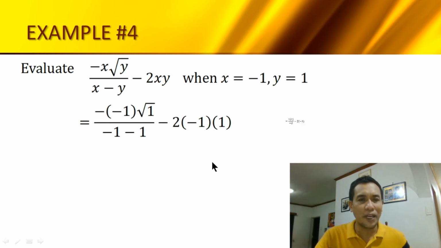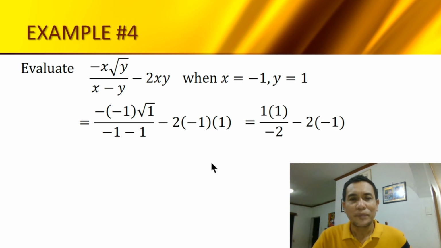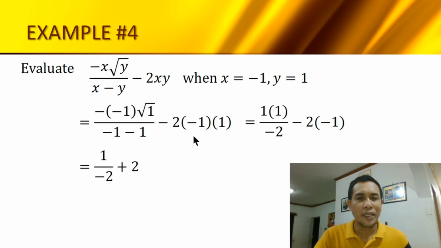And then simplify, we have negative 1 times negative 1, that's positive 1. The square root of 1 is 1. All over negative 1 minus 1, that's negative 2, minus 2 times negative 1 times 1. So 1 over negative 2 plus negative 2 times negative 1, that's positive 2.